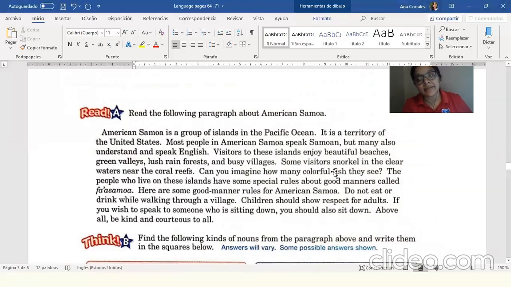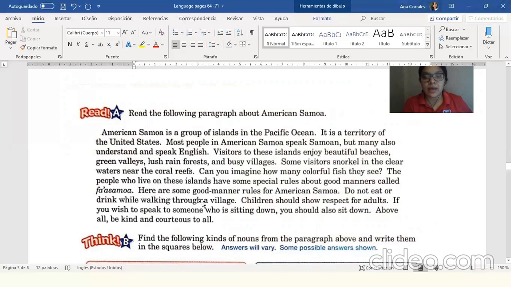Some visitors snorkel in the clear water near the coral reef. Can you imagine how many colorful fish they see? The people who live on these islands have some special rules about good manners called Fa'a Samoa.